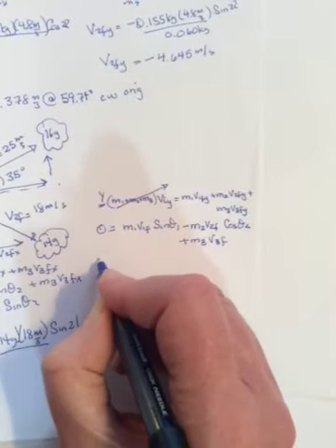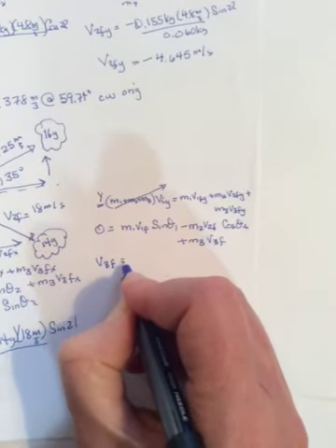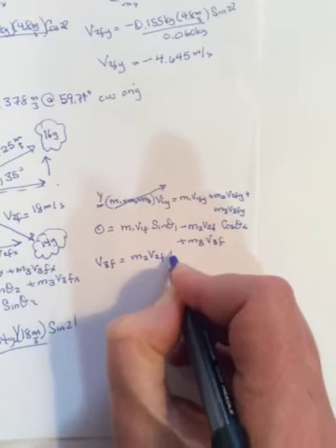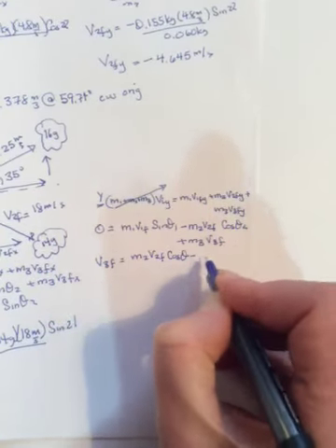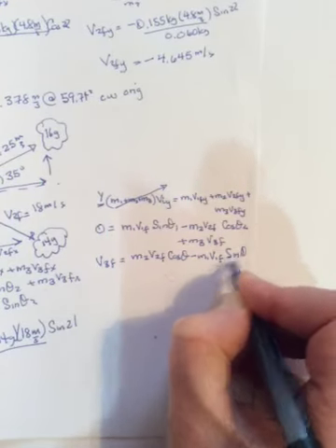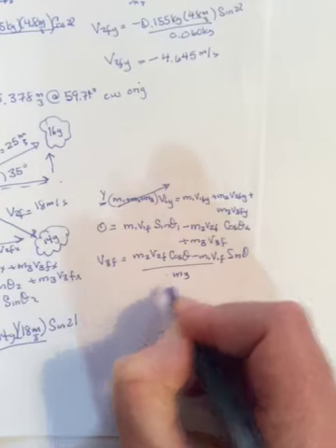Okay, so rearranging, v3f will equal, m2 term becomes positive because you've taken it over, m1 term becomes negative because you've taken it over, and then divide by m3.